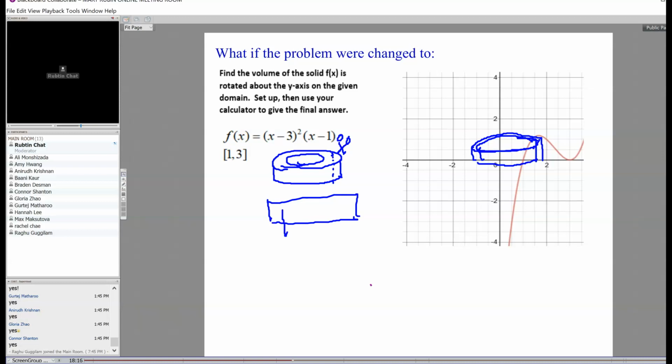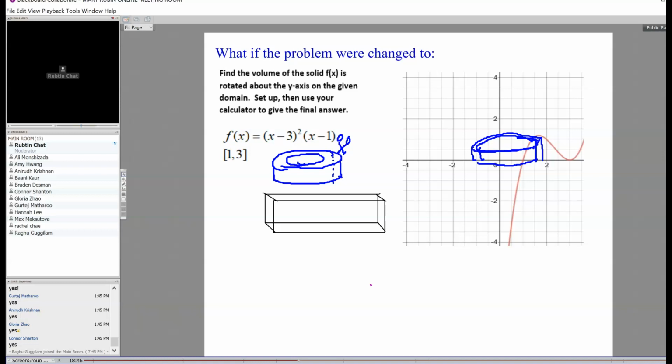Just write it out. Here's the nicer way. So I've got a shell that looks something like this. Isn't that nice? I don't know why I didn't need to do that in my other classes. It's silly. Okay, so there's my slab.